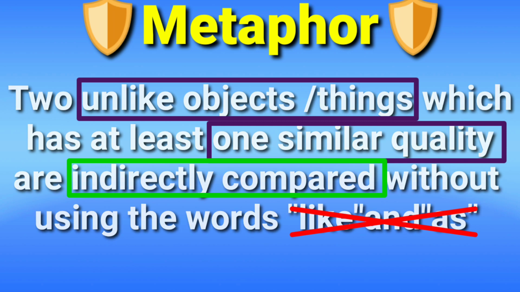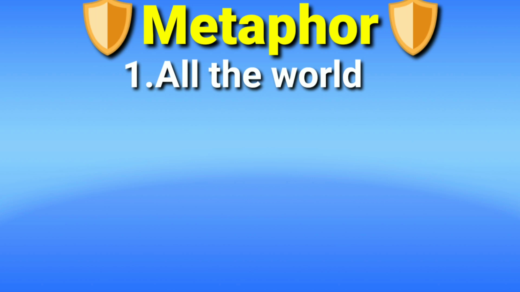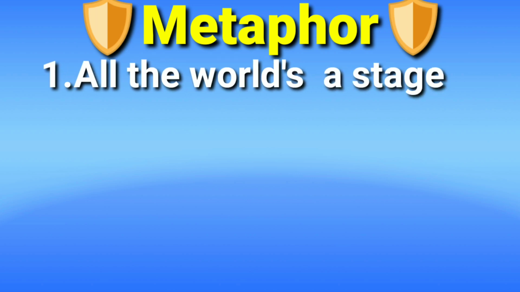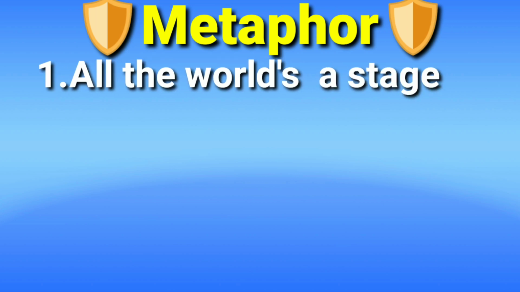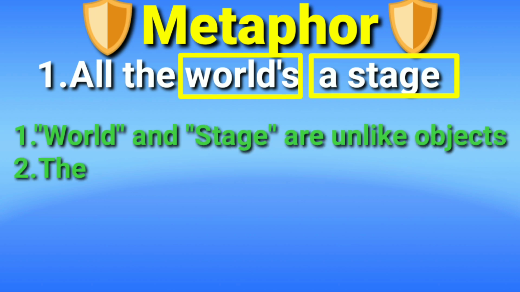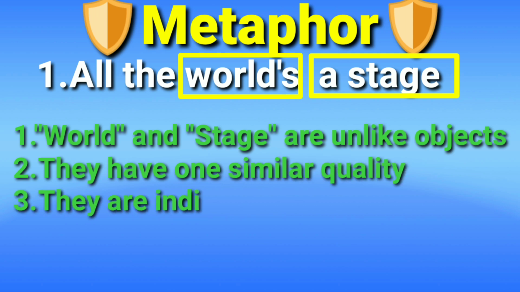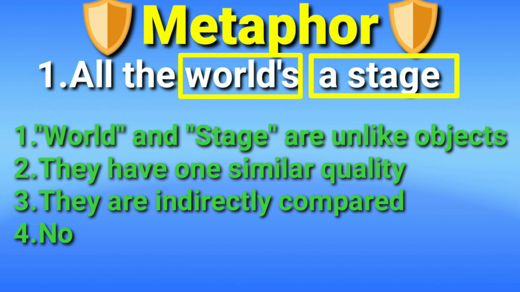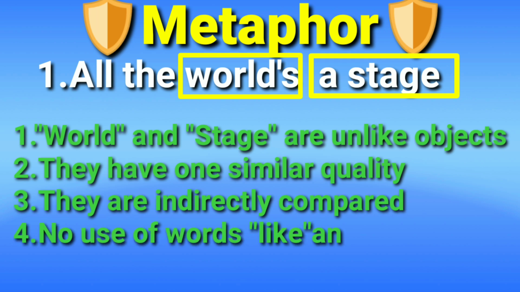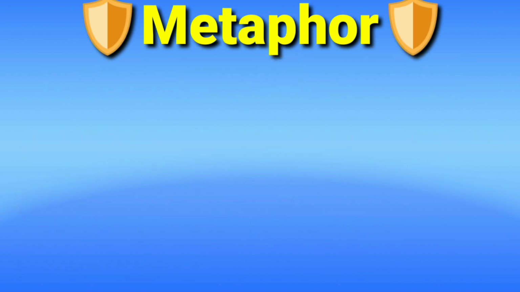Now let's see it through the examples. Look at the very first example. All the world is a stage. Here in that example you can see that world and stage are two unlike objects, but they have one similar quality. They are indirectly compared, and for that comparison there is no use of the word like or as.